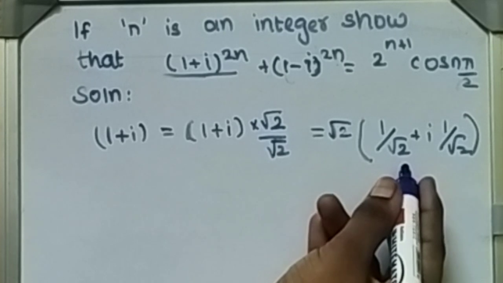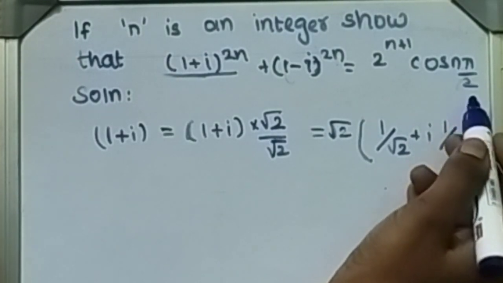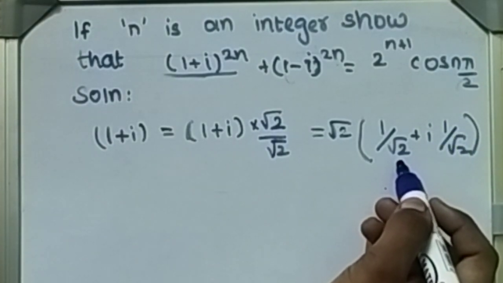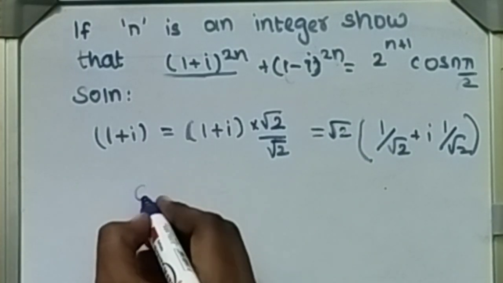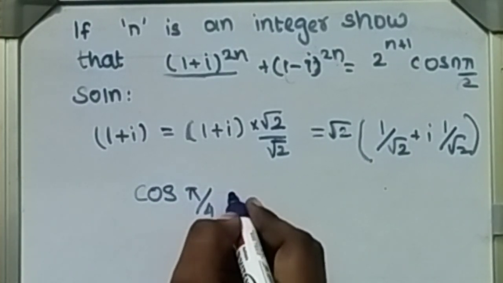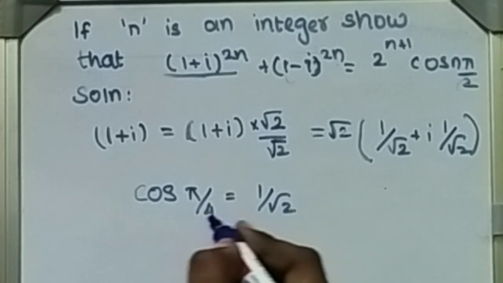So now what is the result? It is in cos nπ/2 form. So now we have to think in which cos term we will get the answer as 1 by root 2. We know that cos π/4 equals 1 by root 2.